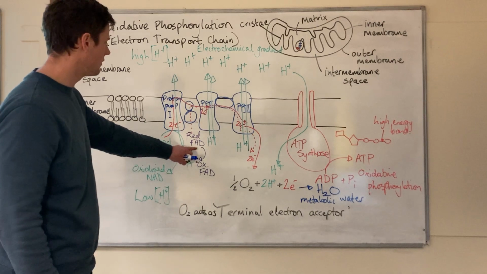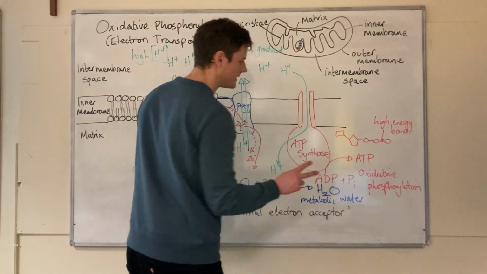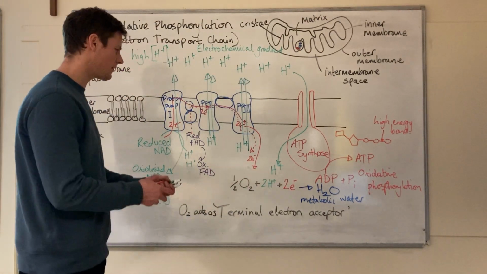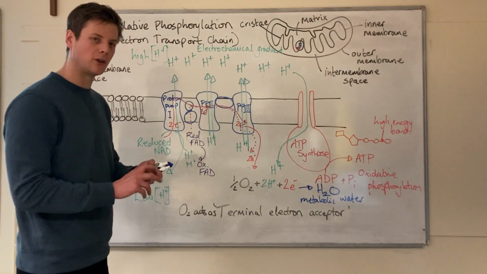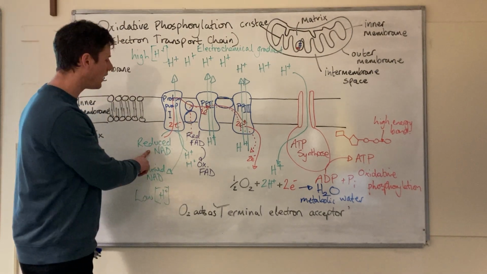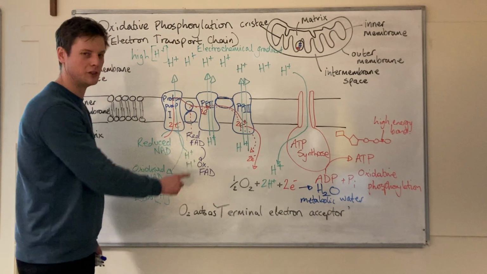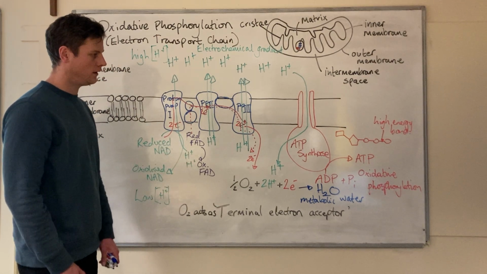It was also said that one reduced FAD would produce 2 ATPs. I don't think that's quite right, actually. I think that would only occur under very ideal conditions. And it's more like 2.5 from reduced NAD, 1.5 from reduced FAD.